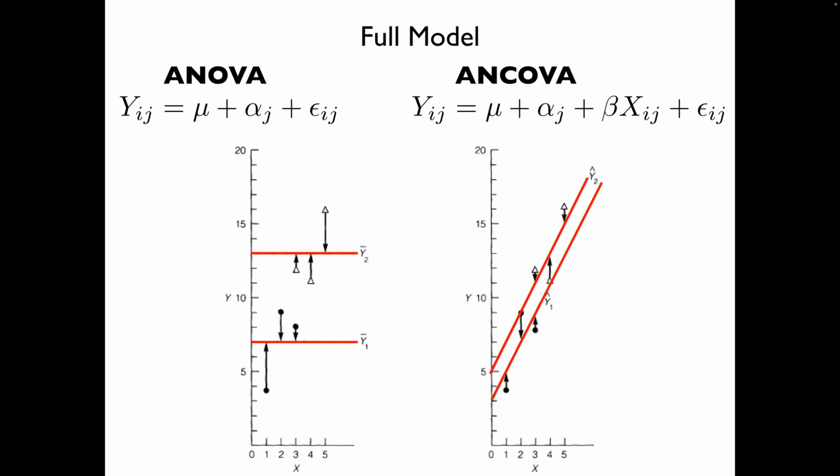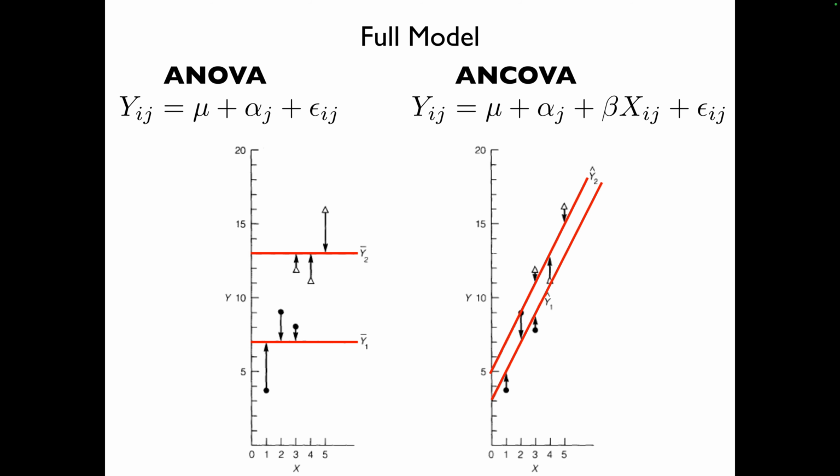I mean, in the model on the left, in the ANOVA model, you can still consider those as two different intercepts, right? They just have no slope. Now in ANCOVA, they have an intercept and a slope. Now, we'll see later in the slideshow that if you want to estimate different slopes for each group, you can do that in ANCOVA, but you need to make sure that that's a rational thing to do.